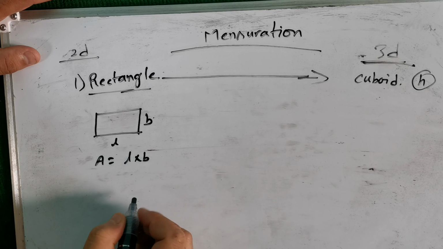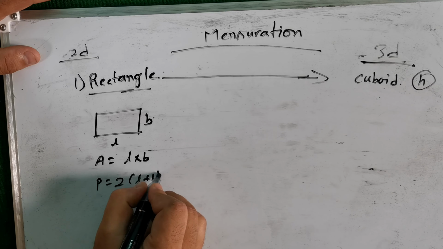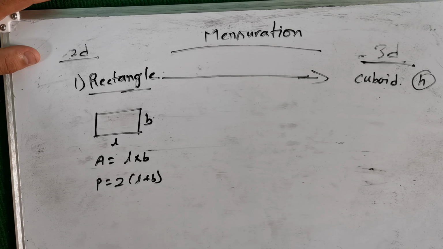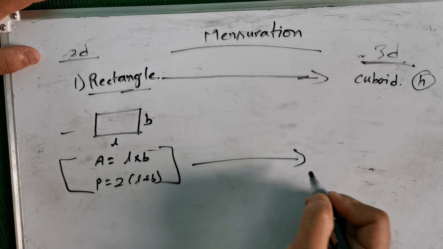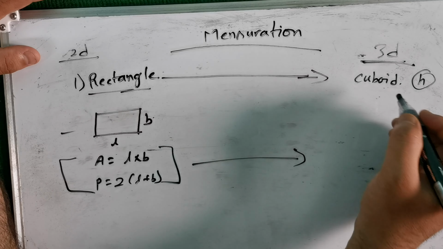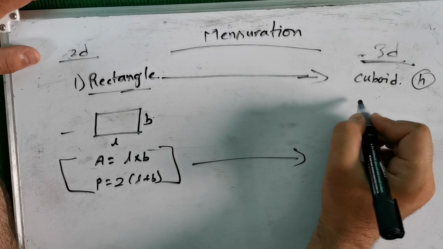Perimeter means sum, 2 times L plus B. This much only for 2D version. And the 3D version of rectangle is cuboid. Let's make a diagram of cuboid.